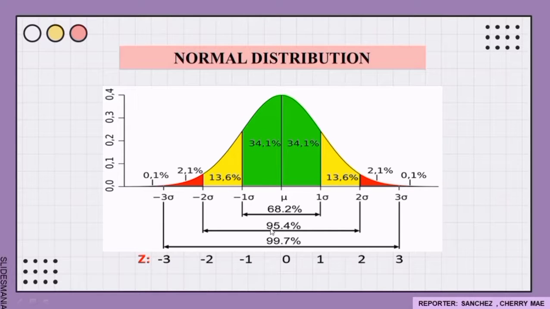So we subtract 68.2% from 95.4% and divide the answer by 2, which gives 13.6%, the area from the first standard deviation to the second standard deviation. The other side also has 13.6%, because as I said, the normal distribution curve is symmetric. Whatever is on this side is the same on the other side.